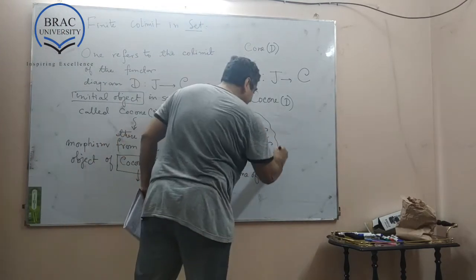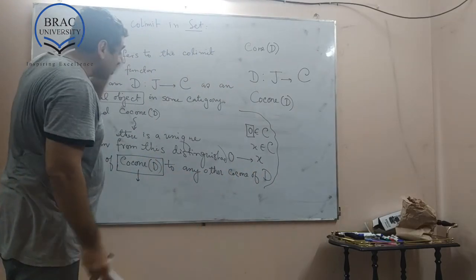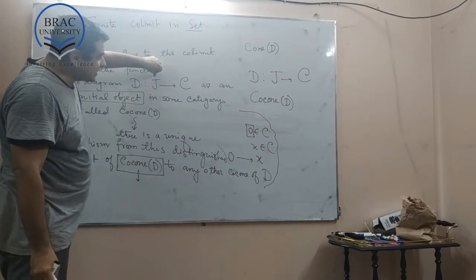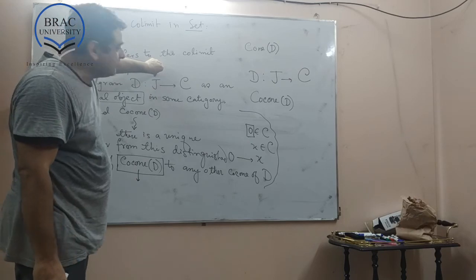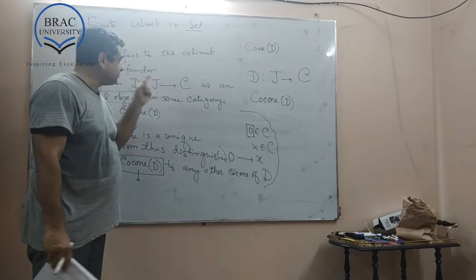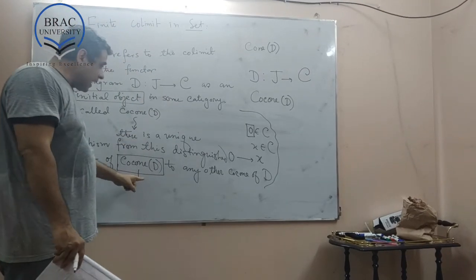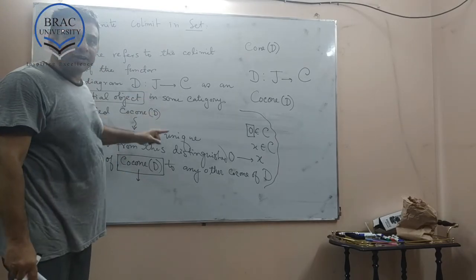So examples. Now, when this index category is a finite category, we say that the underlying colimit is a finite colimit.